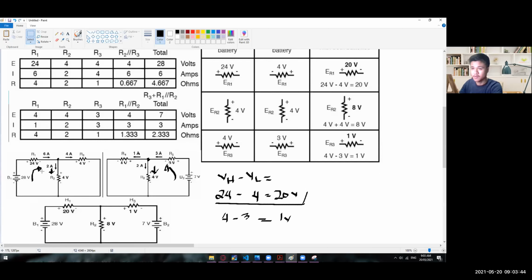The one that we are considering here is the flow of current. So if they have different flow, of course, whichever is higher is the one who's going to dominate the entire flow of current. Well, that only happens on our R1 and R3.